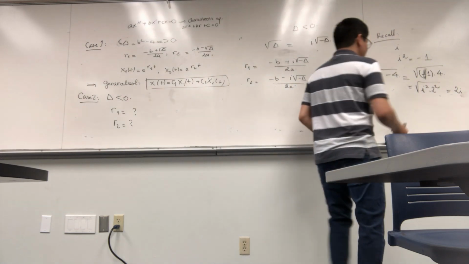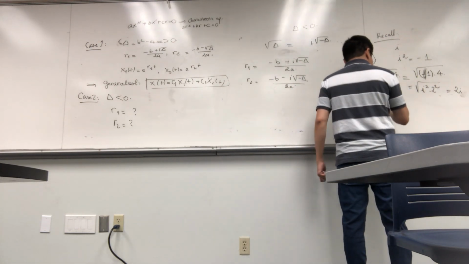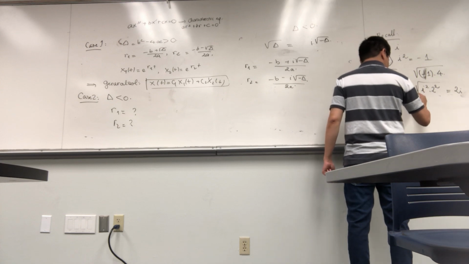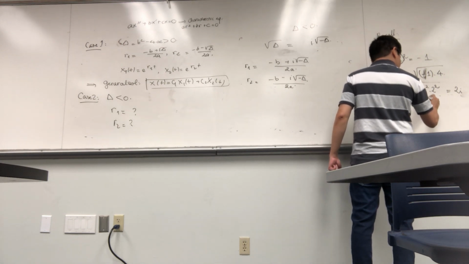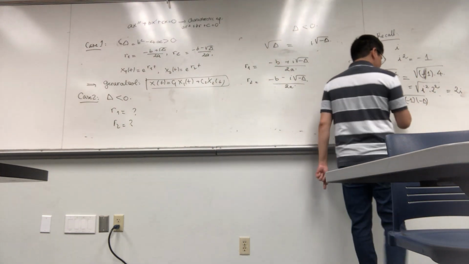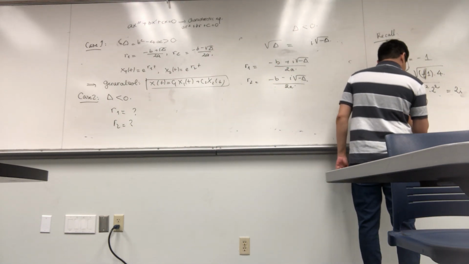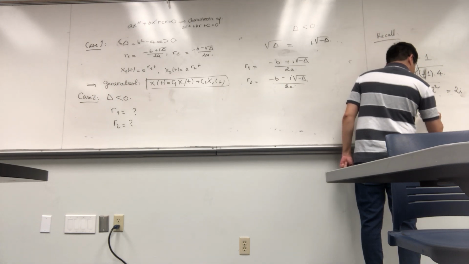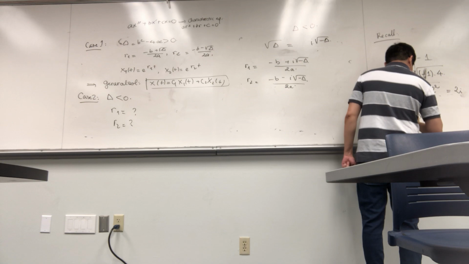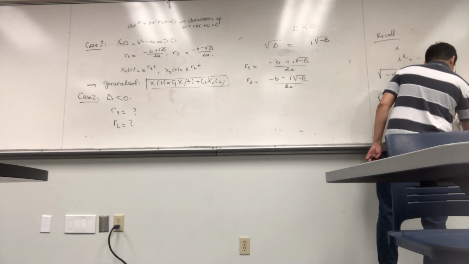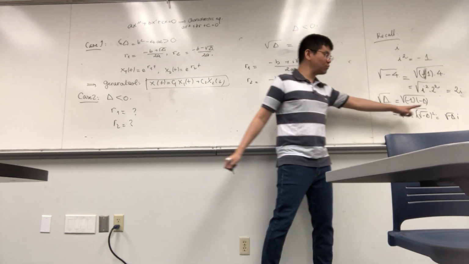So basically, if you want to take a square root of delta, which is negative, you're going to have to multiply minus 1 to minus delta, right? And minus delta is positive. So this gives me I square, the square root of minus delta, and this gives me I times the square root minus delta.